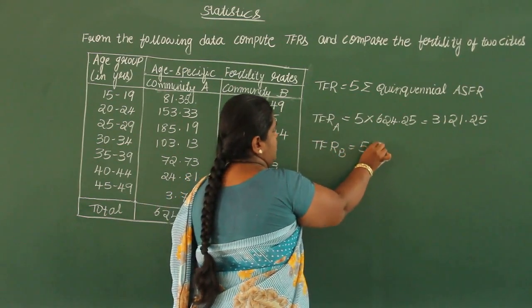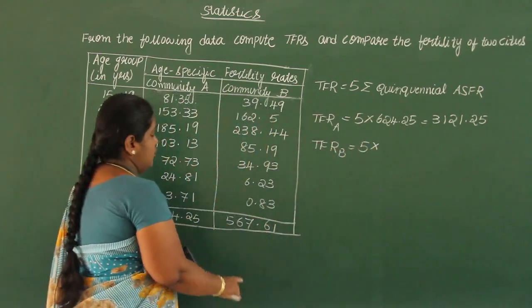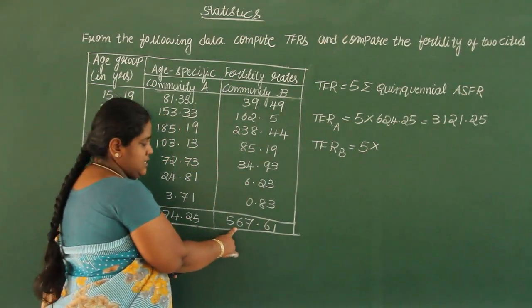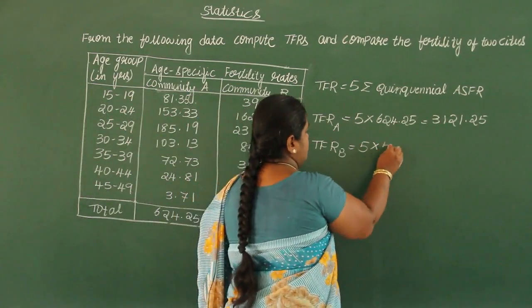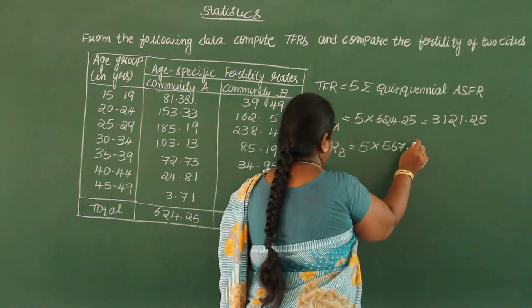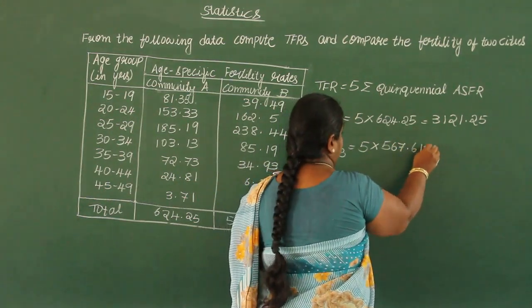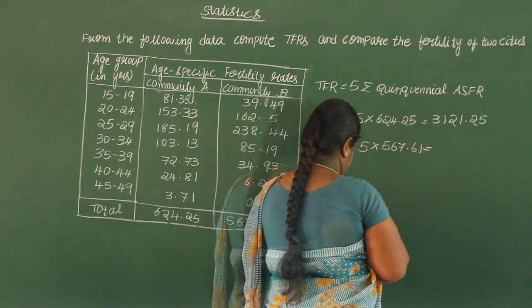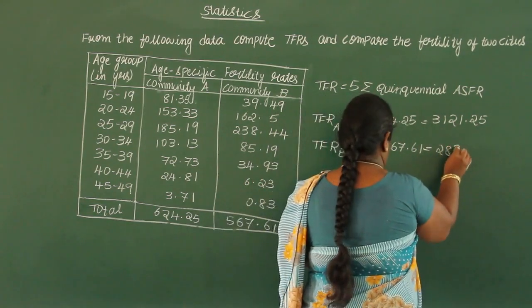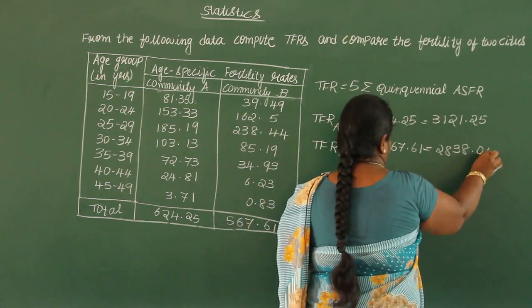Then do about TFR of B. So 5 into the total of community B, which is 567.61. So it is 5 into 567.61 equals 2838.05.